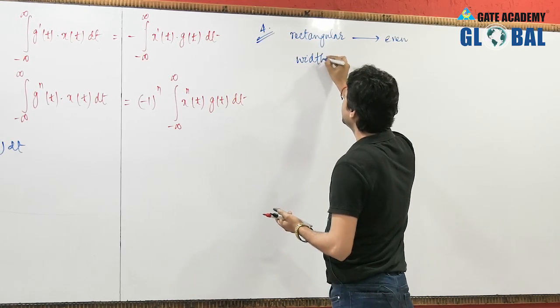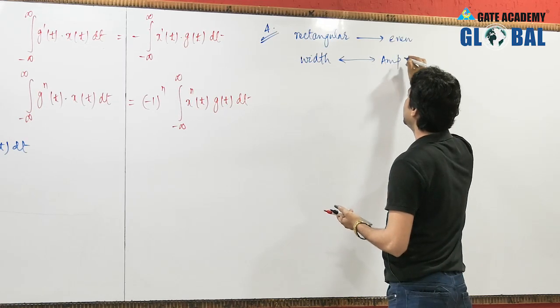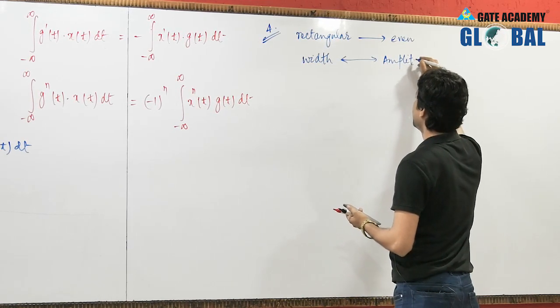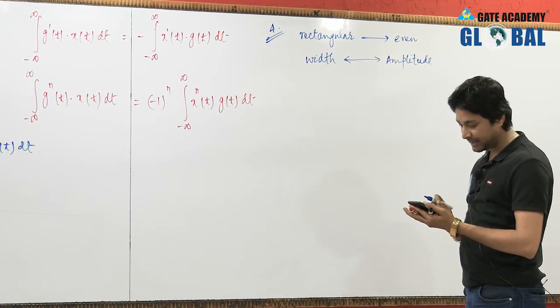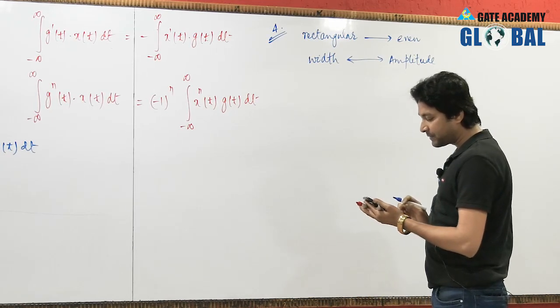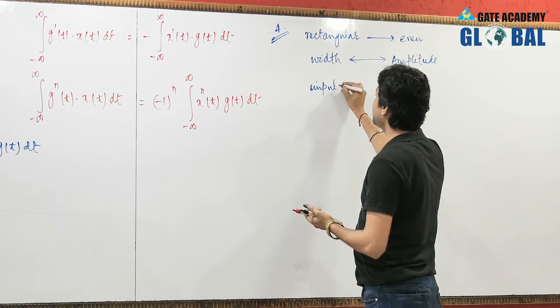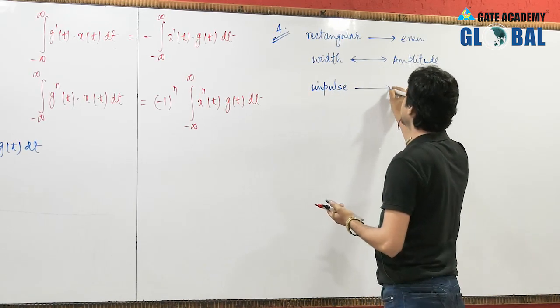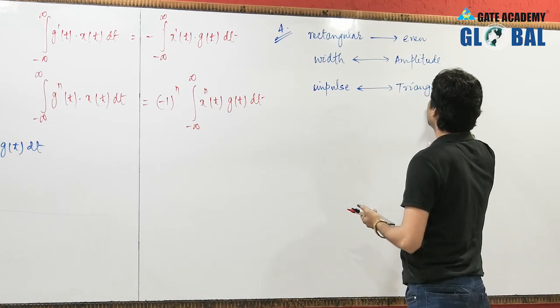Wherever we use width, it means amplitude, and wherever we write amplitude, it means width. The next value: the word impulse is used for triangular. Whenever there is the term impulse, it represents a triangular function.